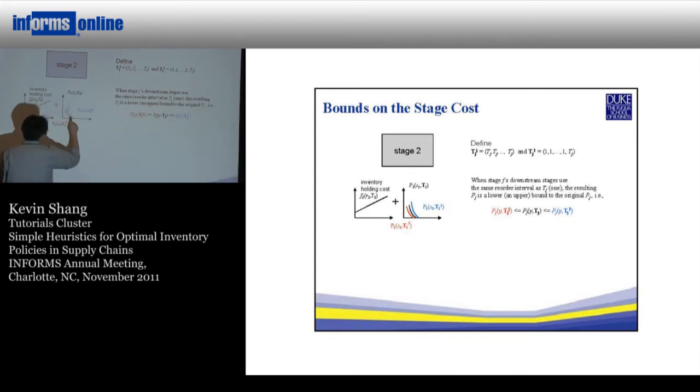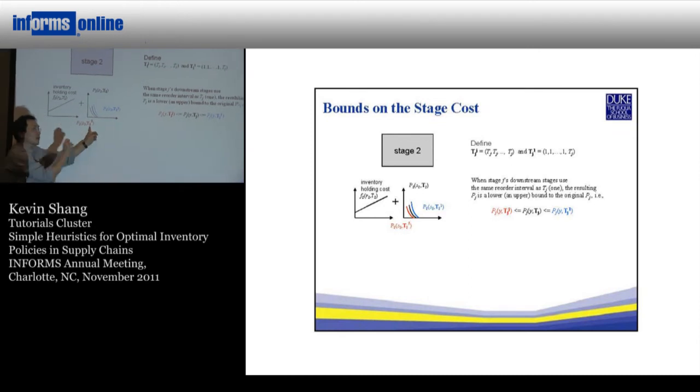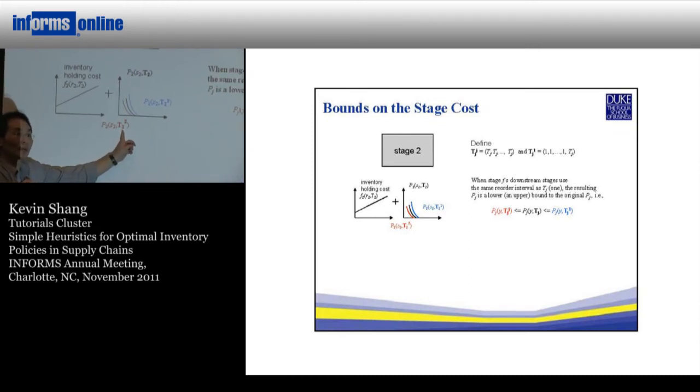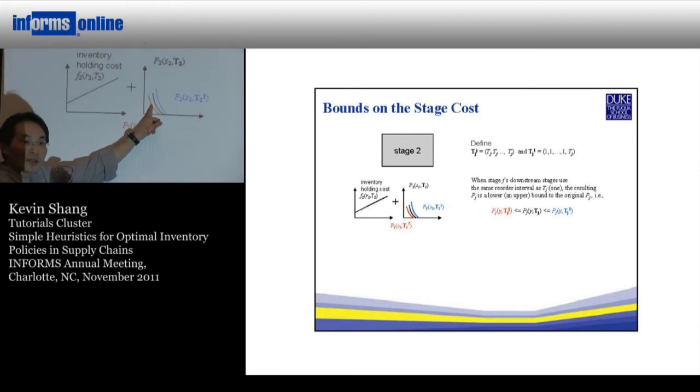So graphically, this black line is the original induced penalty function, which is a function of T1 and T2. What we found is that if I'm T2, you are T1, but if your downstream uses the same reorder interval as my T2, then we can generate an induced penalty function, right?